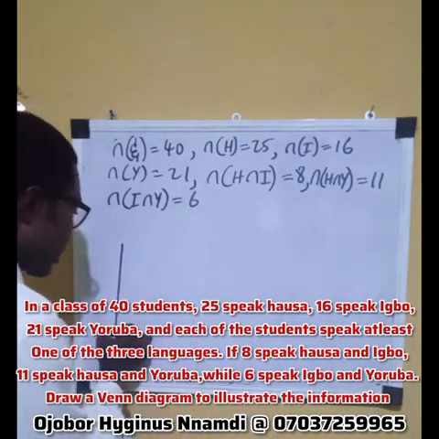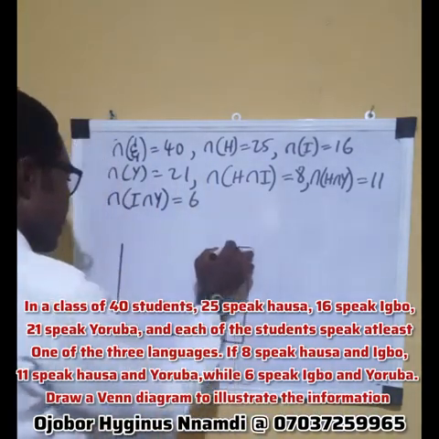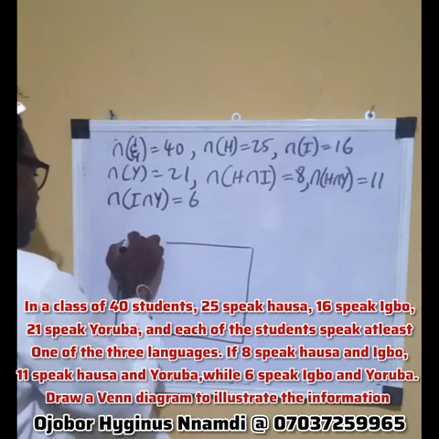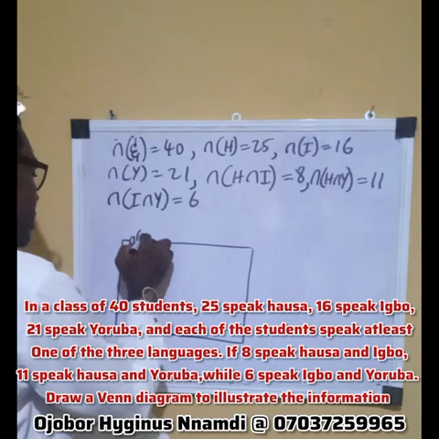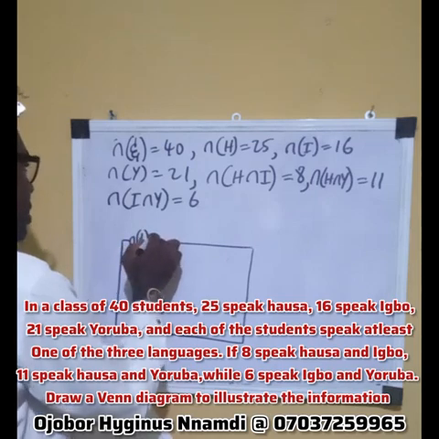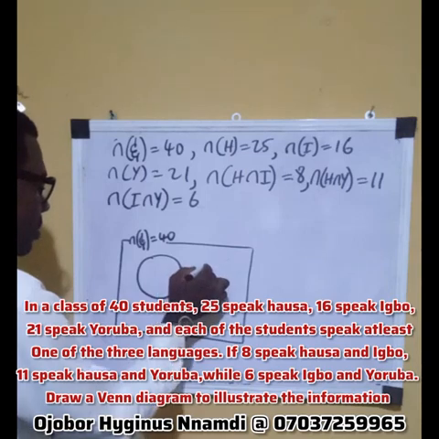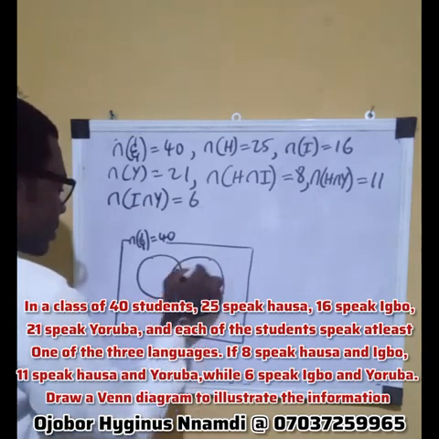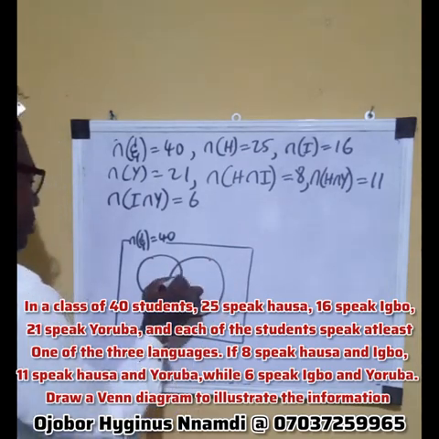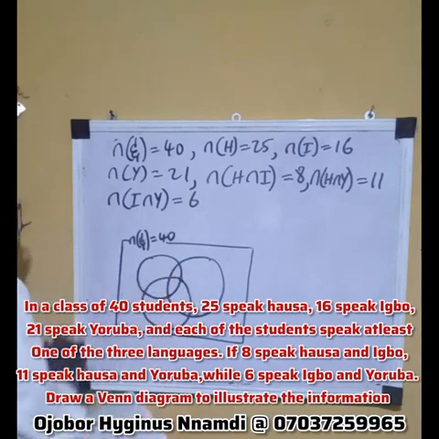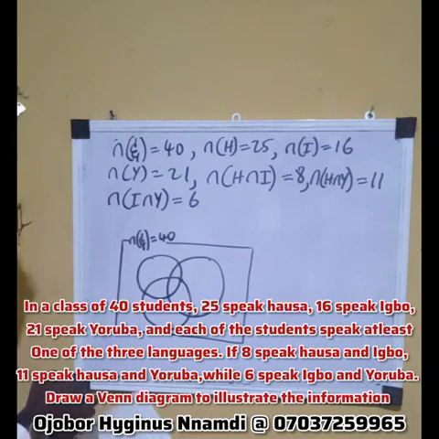So we have a Venn diagram. Of course, you know we have a rectangle first, where the universal set is written at any side of the rectangle. We have 40. Then the three subsets represented with circles.